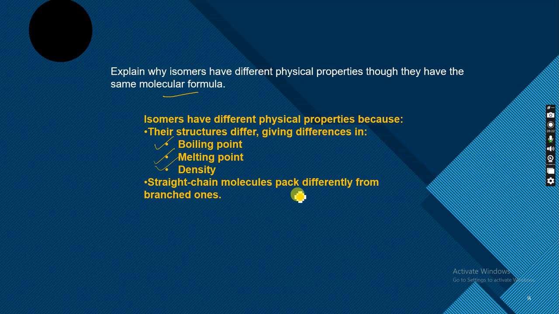Straight chain molecules will pack differently from branched ones. So n-butane, a straight chain, will have different properties than the branched one, because the arrangement of atoms is different in both cases. So you should know that physical properties are different, chemical properties are the same, and the molecular formula is also the same, but physical properties like melting point, boiling point and density will differ.